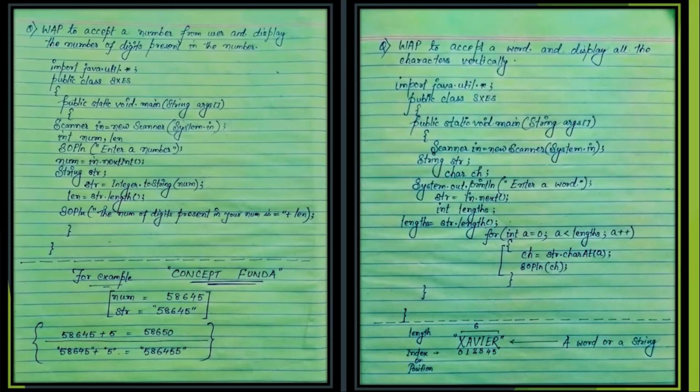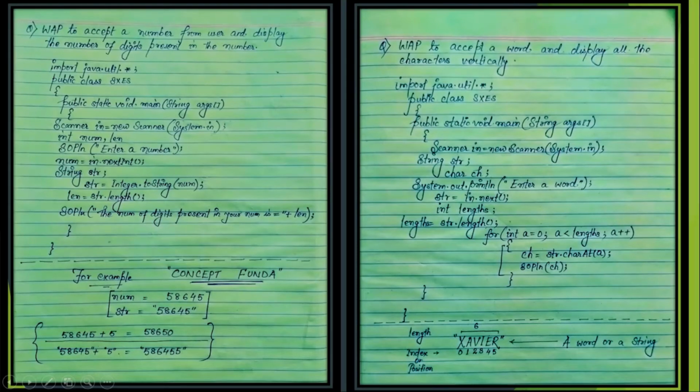Let's suppose the user gave the word as Xavier. So the number of individual characters present over here is 6. So length will become 6. The value stored over here will be 6. So for int a is equal to 0, a must be less than 6, a plus plus.